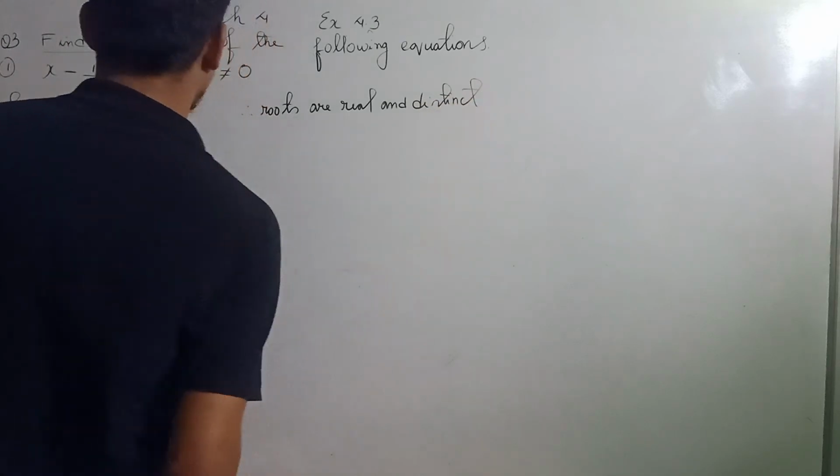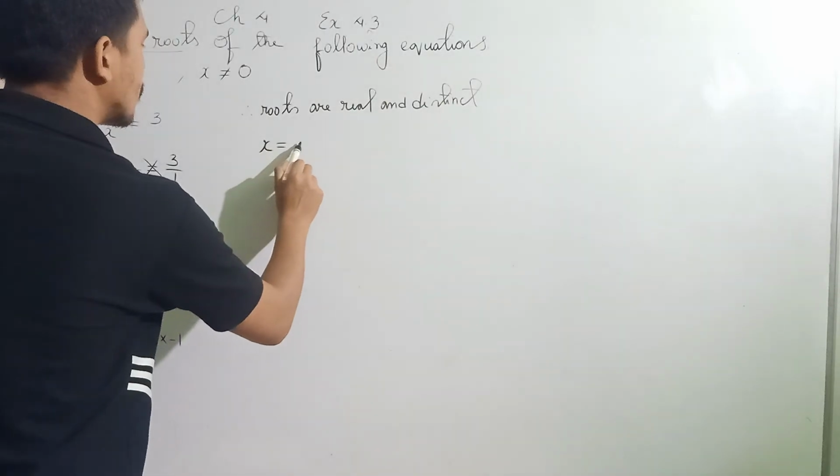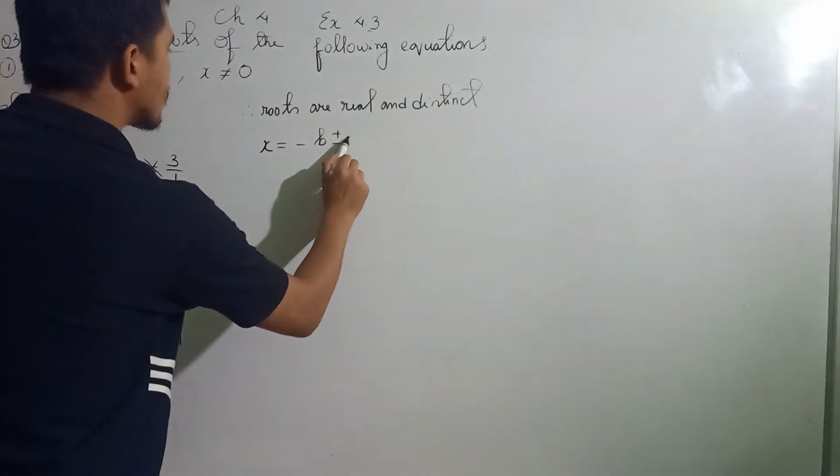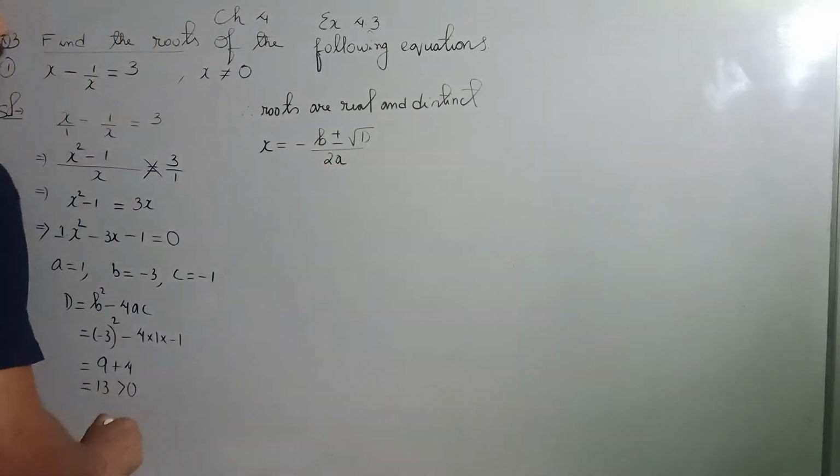So we can obtain the roots by the quadratic formula. x equals minus b plus minus square root of d upon twice of a.